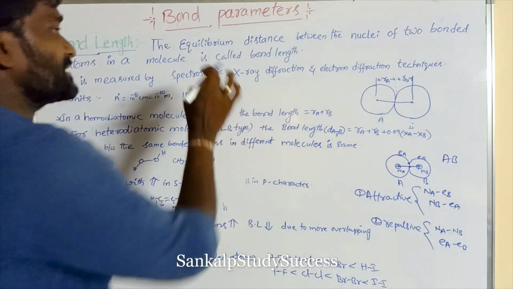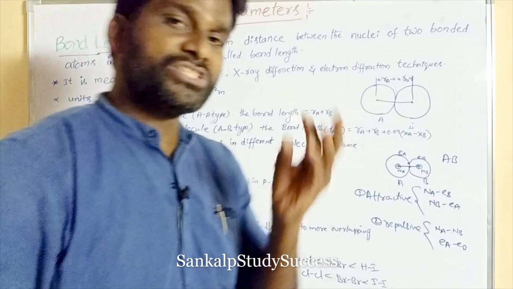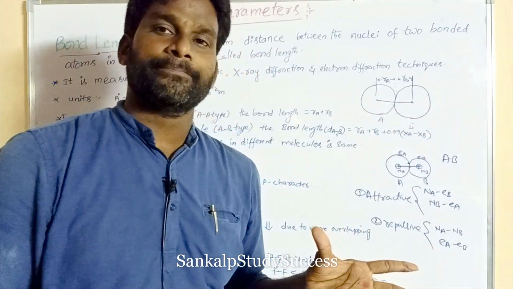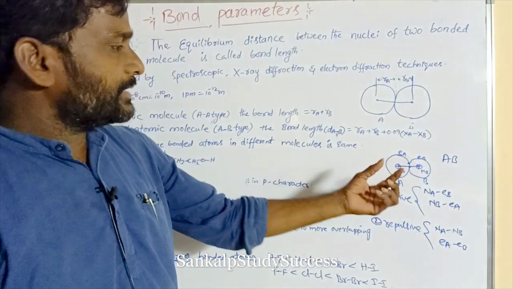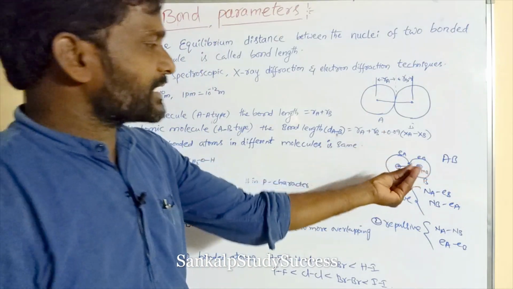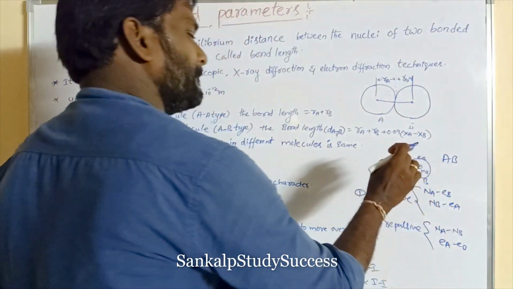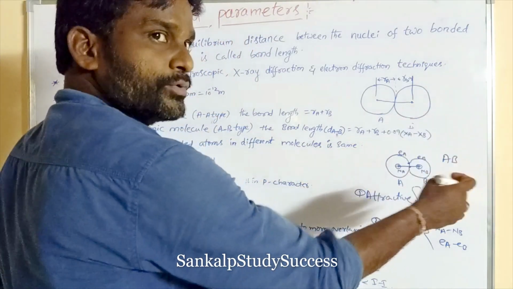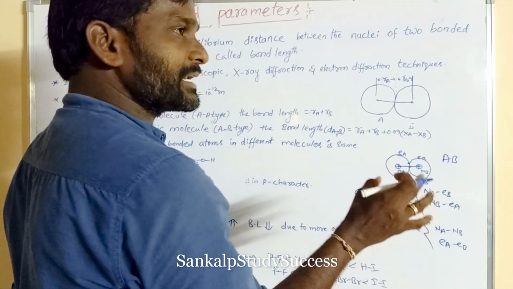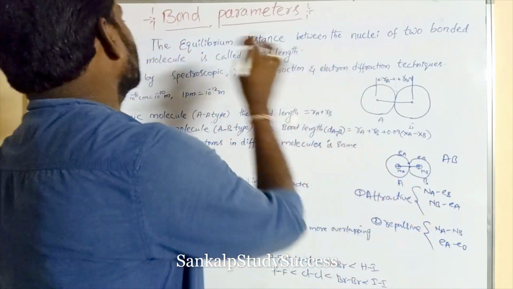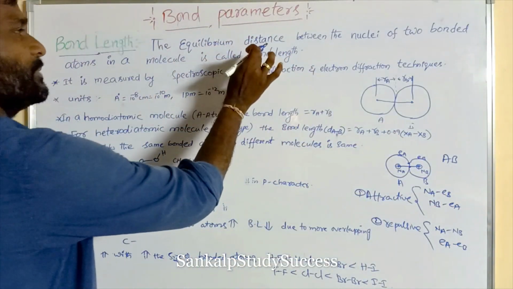Here, which distance? Equilibrium distance. What is equilibrium? When the two atoms come to a closer distance, the attractive force between the atoms is equal to the repulsive force between the atoms. So these two forces are equal, and then the bonded atoms are present in equilibrium.